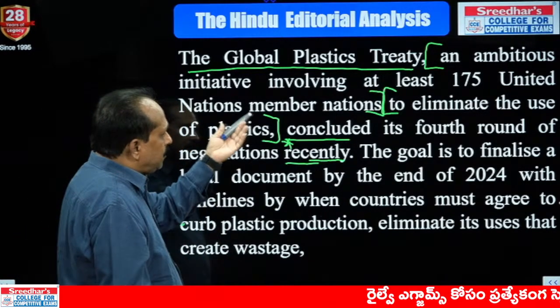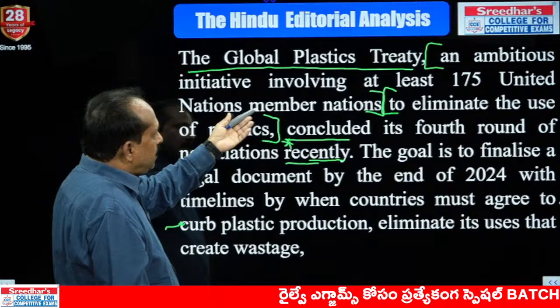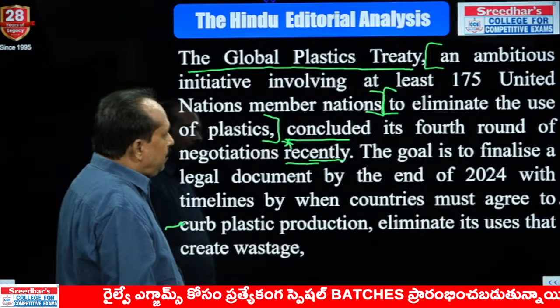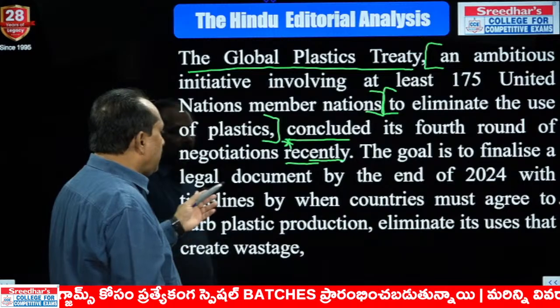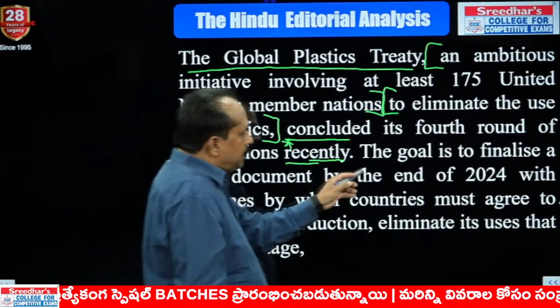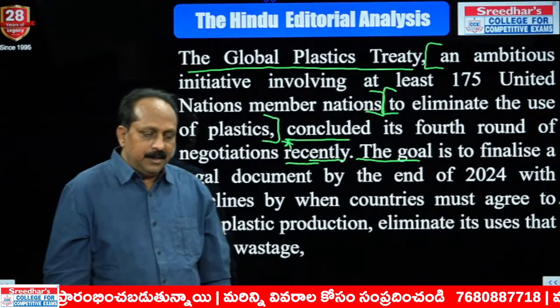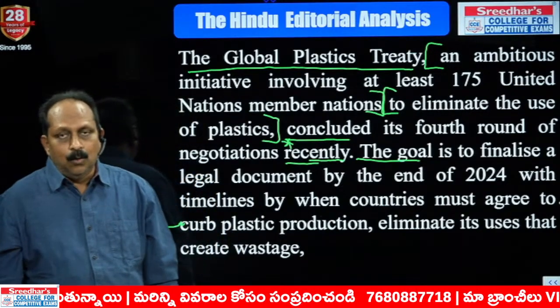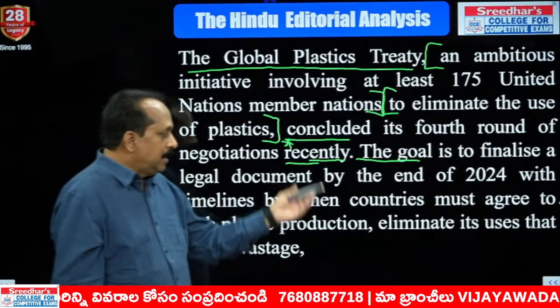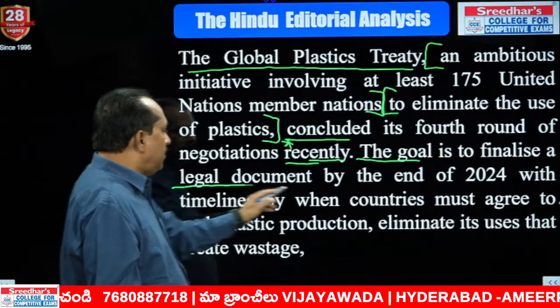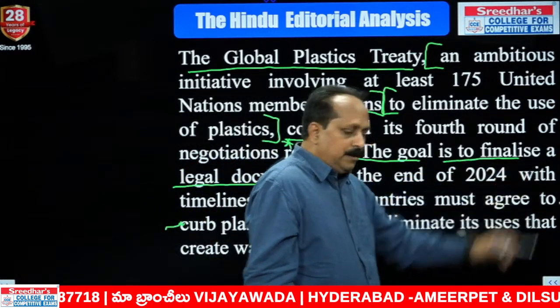It talks about the treaty, how many countries, and the objective to eliminate the use of plastics; it concluded recently its fourth round of negotiations. As I said, for any organization, any treaty, any convention, we talk about the goal, the objective. The sentence talks about the goal. What is the goal here?